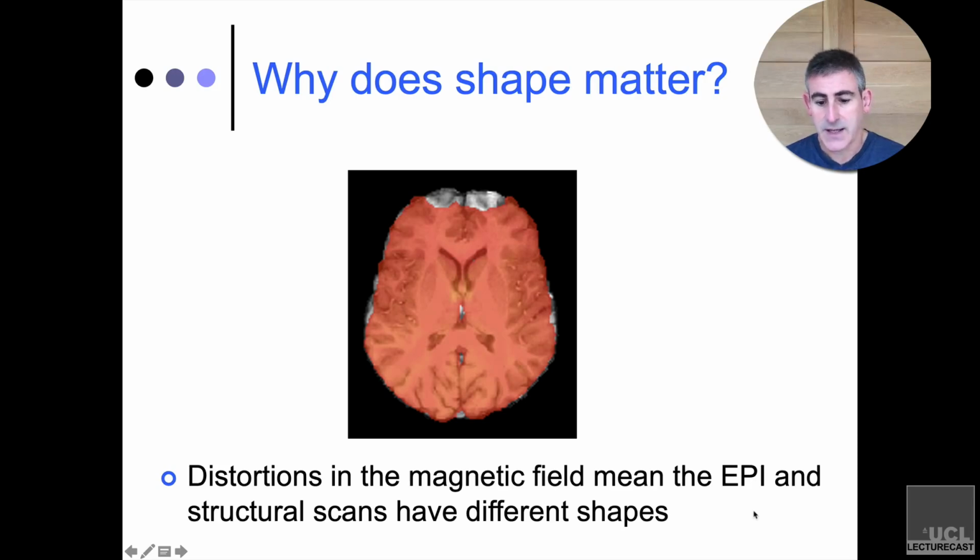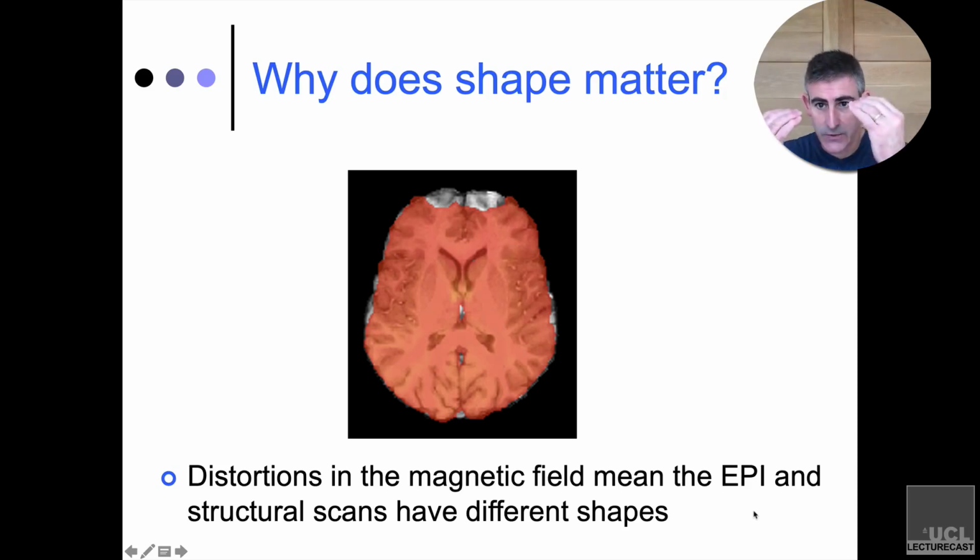So for instance, here I'm overlaying the functional data from one participant on their own scan, and you can see it matches up incredibly well along the edges, and the ventricles are in the right place in terms of brighter signal on the ventricles, etc. But what's very obvious is that there's this distortion along the frontal poles due to the magnetic susceptibility artifact due to the sinus that runs along your midline.